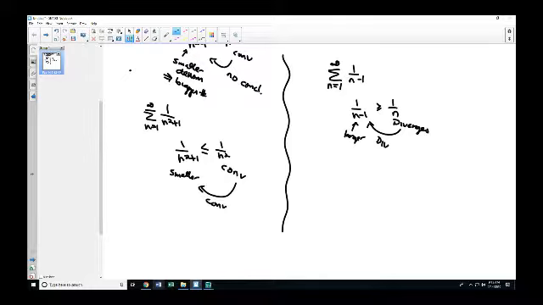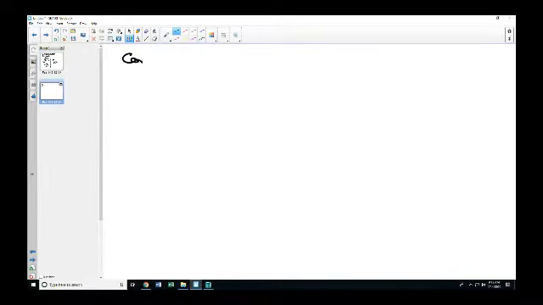So let me write out the theorem or the test, and then we'll do an example problem or two. So here's the comparison test. And remember, these are positive series. That's all we're worried about here.